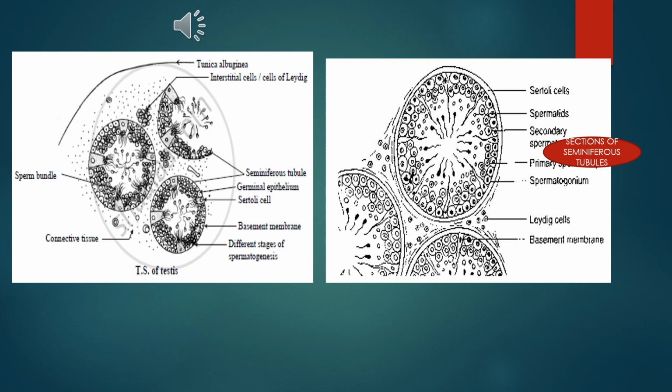Then, taking into consideration the section of the seminiferous tubule, you will draw the basal lamina, then spermatogonia, then spermatocyte, spermatid and sperm. So the tail of the sperm is toward the lumen and the head is held by the Sertoli cells.